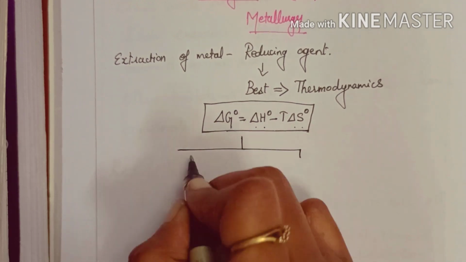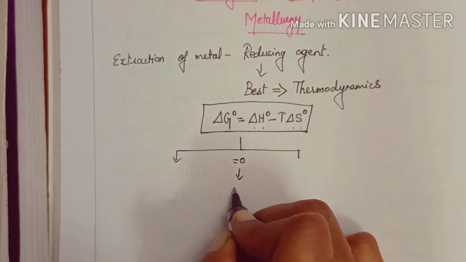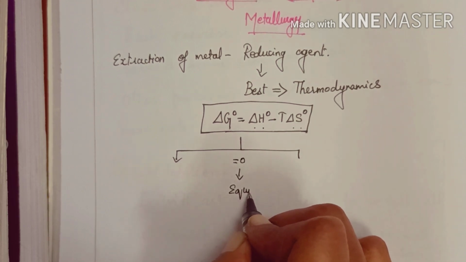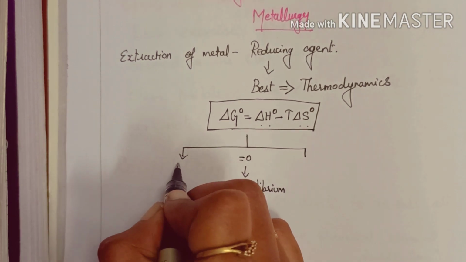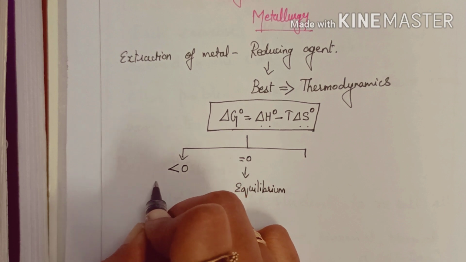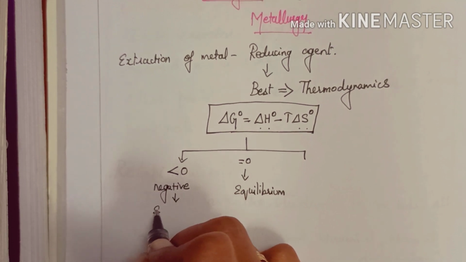if delta G is equal to 0, then the reaction will be in equilibrium state. If it is less than 0, that is, if it is negative, then the reaction will be spontaneous.